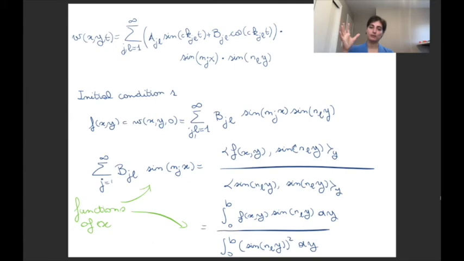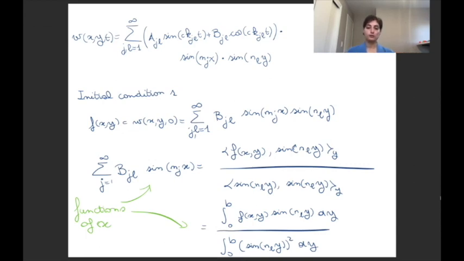But now that we're thinking of x being fixed, we remember that sin(n_l y) is the eigenfunction of a Sturm-Liouville problem. Again, so we can find the value of the infinite sum of B_jl sin(m_j x), all of it as a coefficient, in an infinite sum of eigenfunctions of a Sturm-Liouville problem. And we want that to be equal to f of x, y.